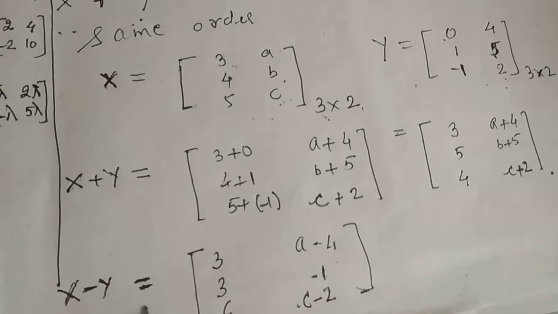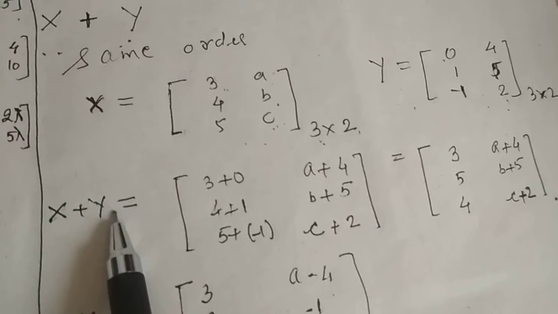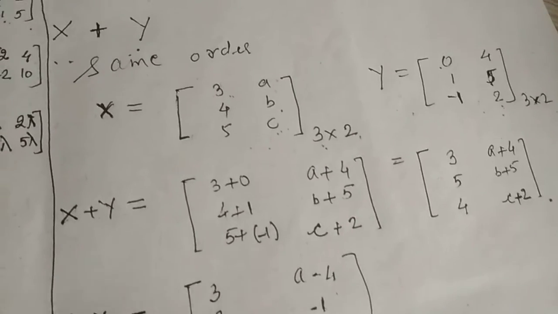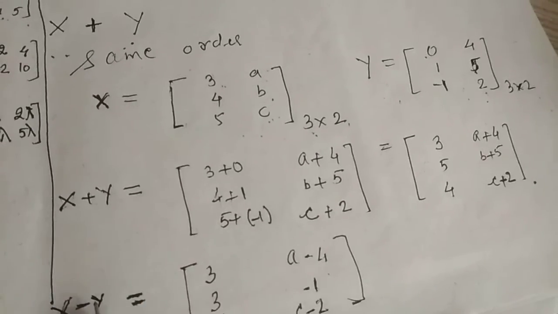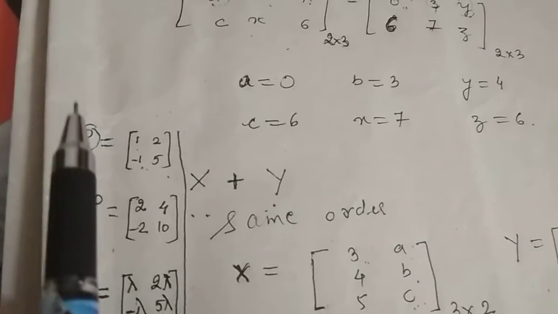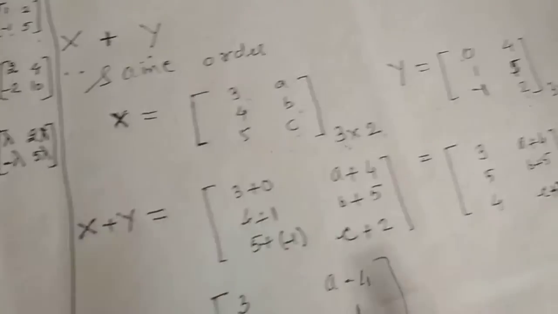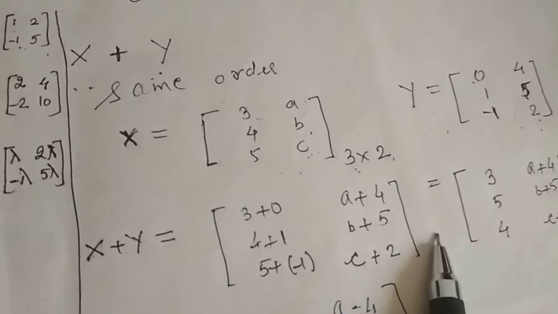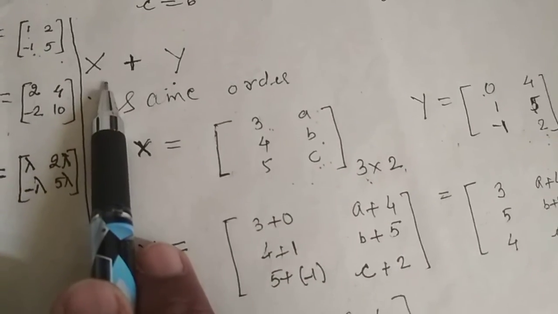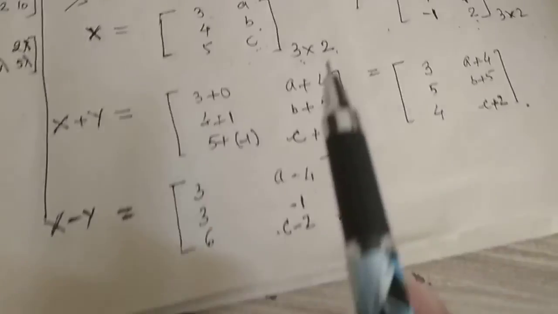Why I have taken X minus Y under the heading addition? Because X minus Y is nothing but multiplying Y with a scalar number minus 1 and then forming a new matrix minus Y and adding that minus Y to this matrix X. Hence, this is 100% specific need. There was a need to understand scalar multiplication.